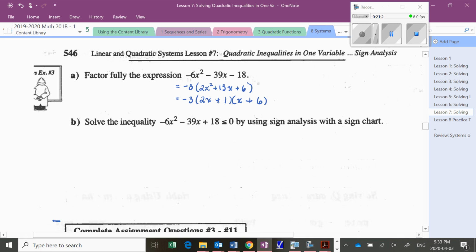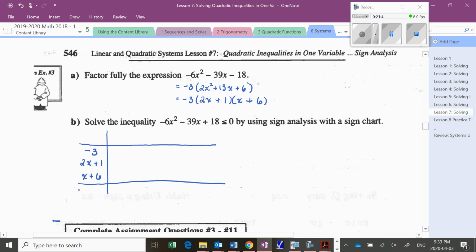So you can see then, let's set up our sign chart. So we have our factors. We have 3 factors in this case. We've got -3, we've got the factor 2x plus 1, and we've got the factor x plus 6.